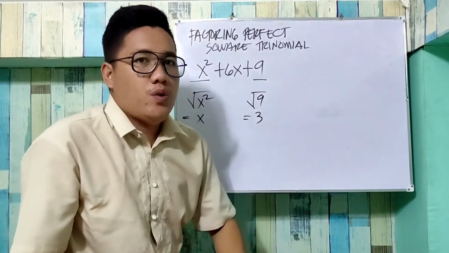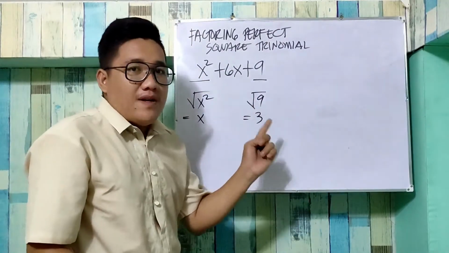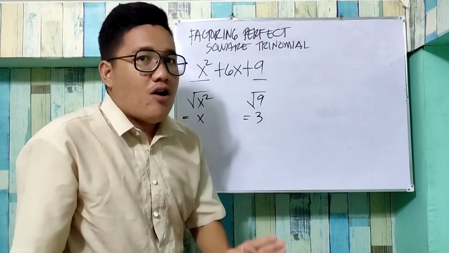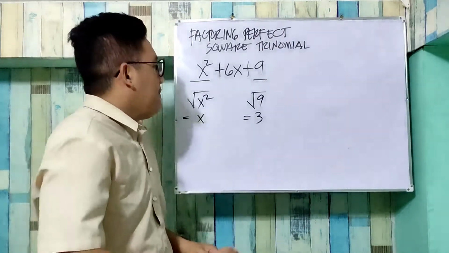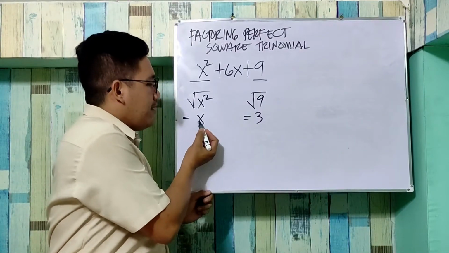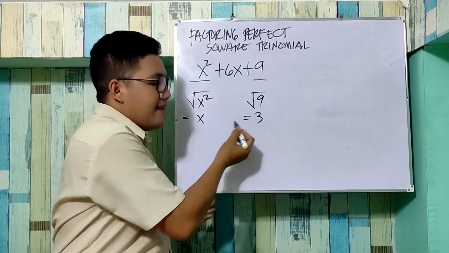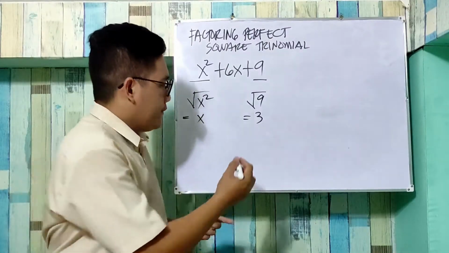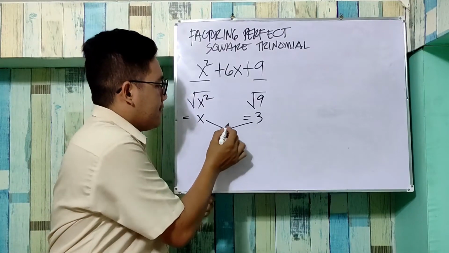The second rule is the middle term is twice the product of the square root of the first and last term. Ibig sabihin, let us multiply x and 3 first. We have 3x.